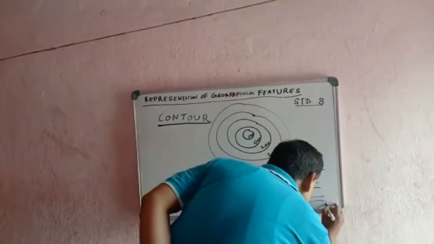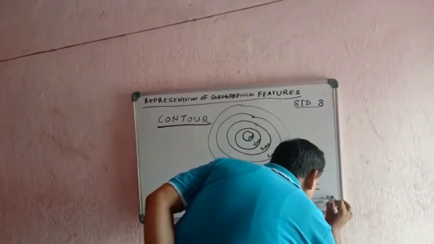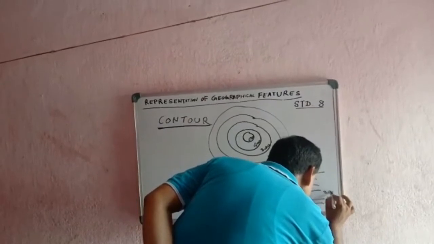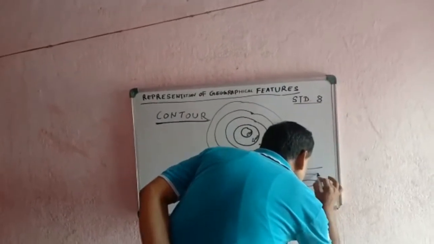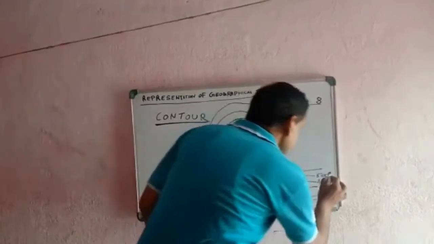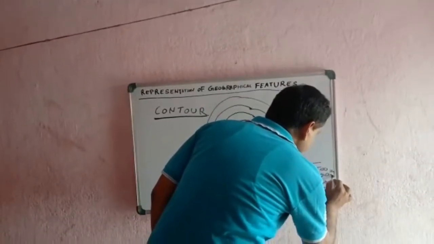The heights are 100, 200, 300, 400 and 500, all in meters.